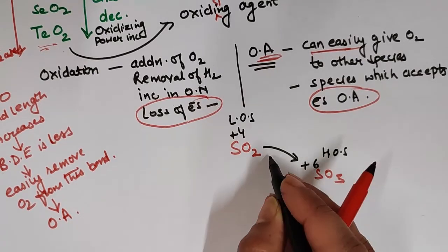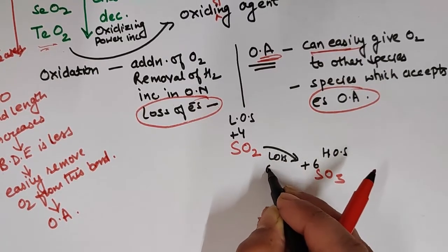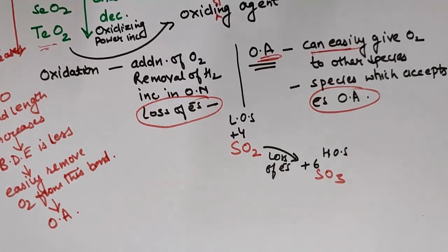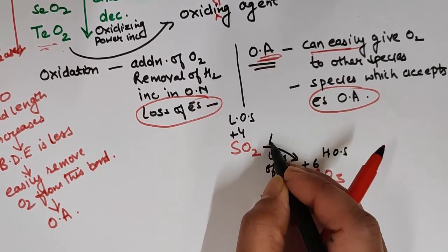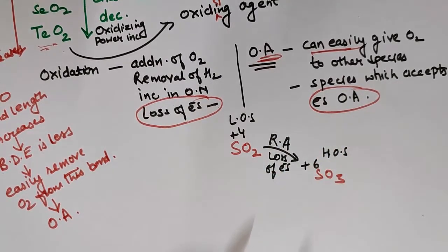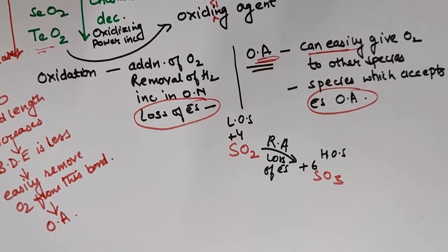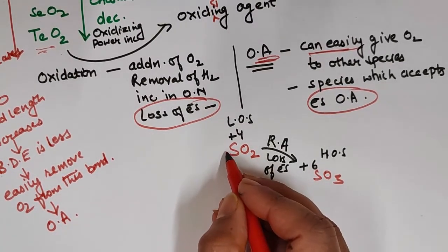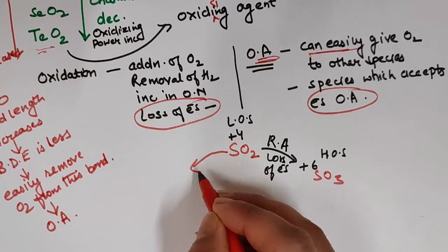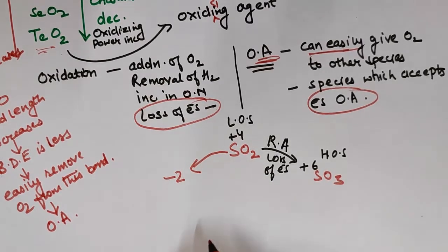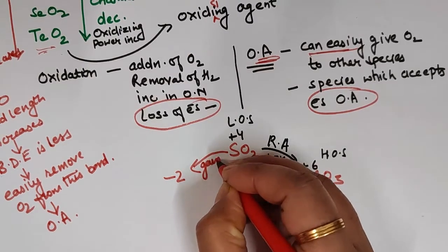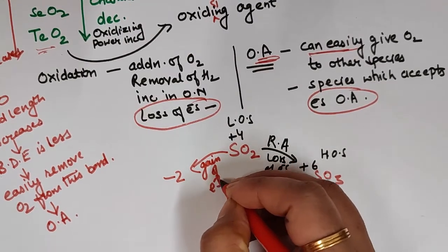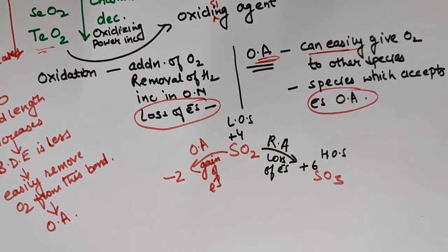So oxidation is taking place and this is behaving as a reducing agent. If it goes from +4 to -2 oxidation state, it gains electrons, so it will behave as an oxidizing agent.